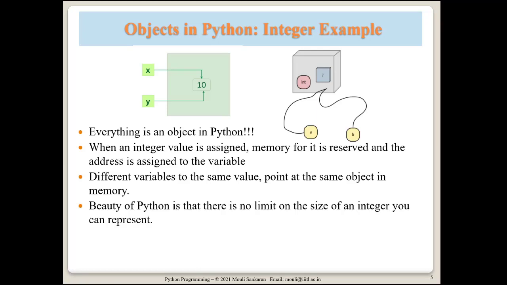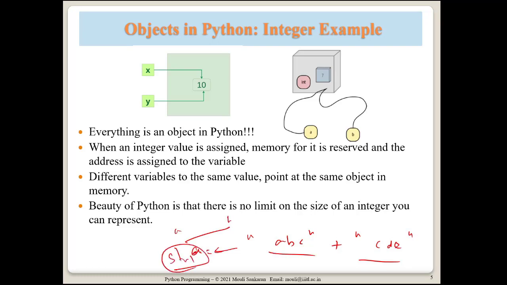That means if you are adding the string ABC plus CDE, it creates a new string in memory and then assigns it, so a label like str1 will again point to the location of the new string. You cannot modify the existing string. It will create a new string every time, similar to an integer. We will come to that soon.